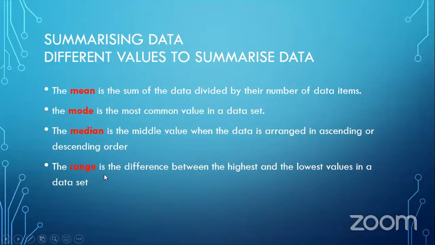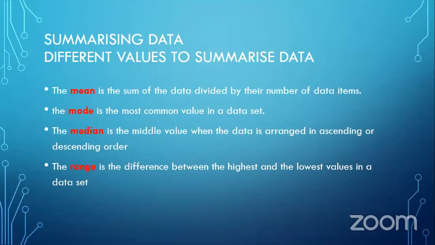So the range is the difference between the highest and the lowest values in the data set. So the range is actually the highest number, let's say in those speeds, the highest speed that someone traveled with, 120, minus the lowest speed that someone traveled with, which is 0. You minus it.